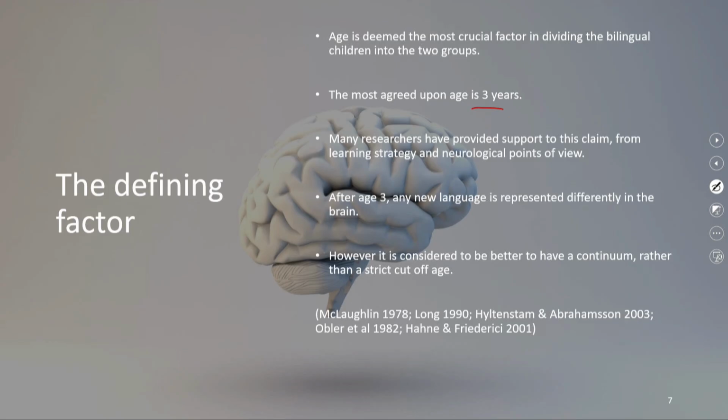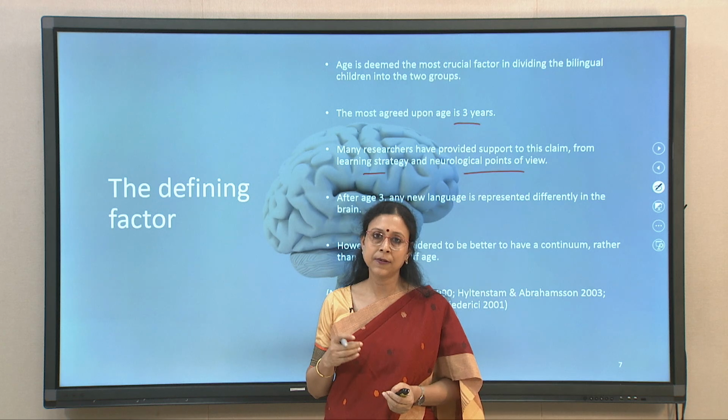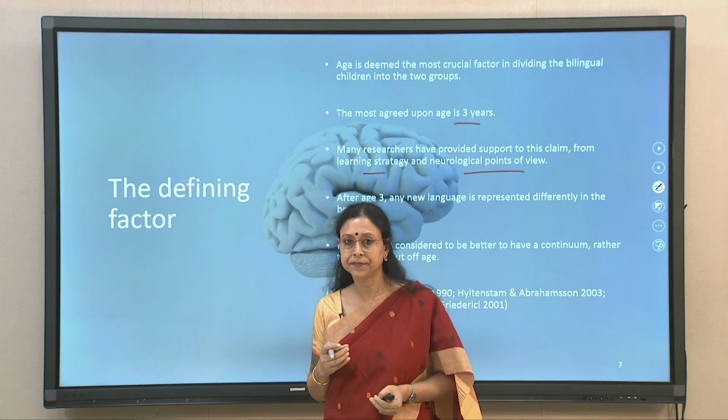Many researchers have found proof of this or provided support from various perspectives, primarily two important ones: the learning strategy and the neurological perspective, in terms of brain development. We have seen before, when we discussed the critical period hypothesis, that brain development happens through stages, and depending on what stage the language comes in, it will have different kinds of impact.